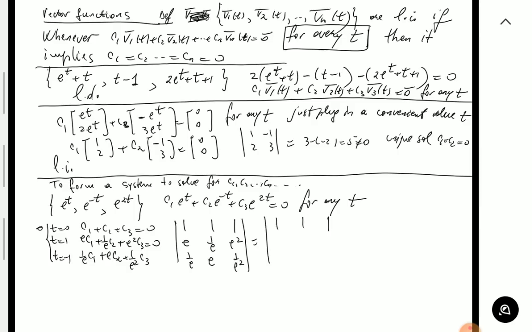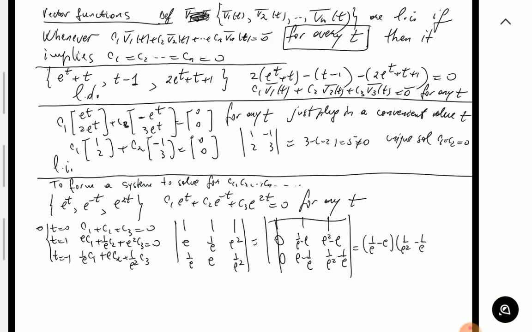Is it worth doing a 0? Let's do a 0. We'll multiply the first row by negative e. So 1 over e minus e, e squared minus e. We multiply the other one by negative 1 over e: e minus 1 over e, 1 over e squared minus 1 over e. You don't have to go that far in the computation.